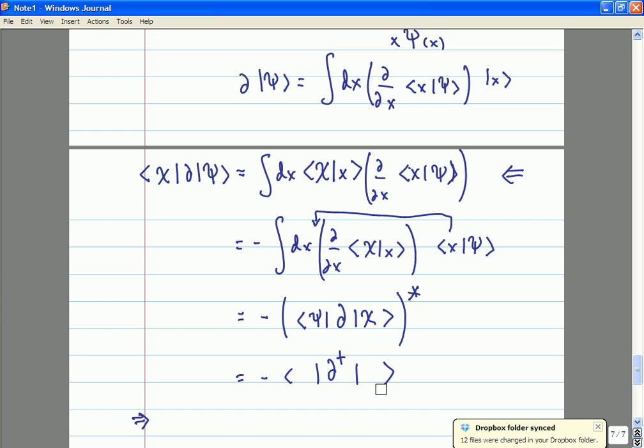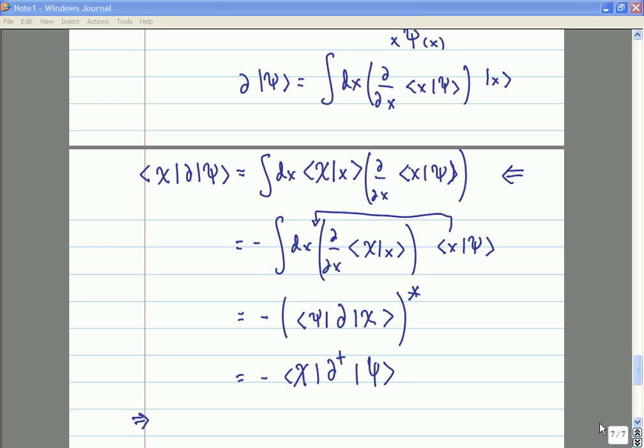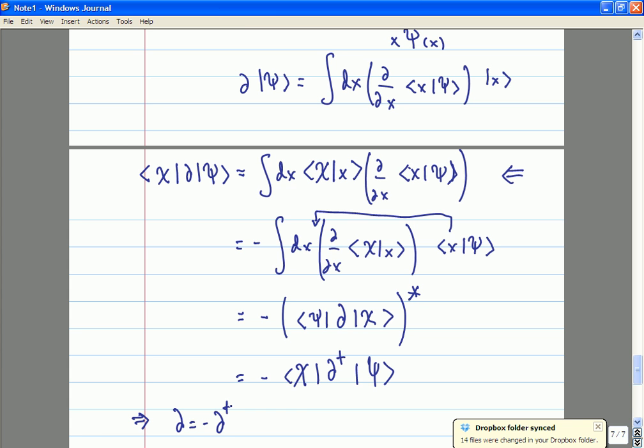That's hopefully why you were looking confused. So, because the matrix elements of the operator delta are equal to the matrix elements of the operator minus delta dagger, that means that delta is equal to minus delta dagger. Remember that two operators are declared to be equal if their action on any two states is equal. And so the operator delta is anti-Hermitian.